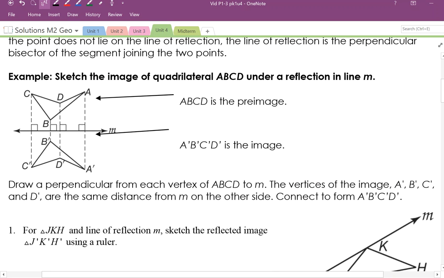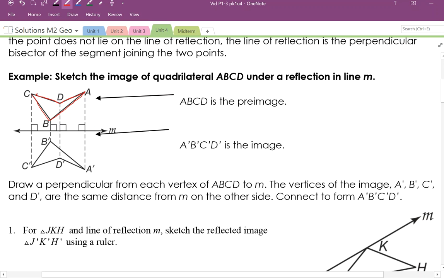So in this example, we're being asked to sketch the image of ABCD using a reflection in line M. So notice that here is the pre-image, that's the before, quadrilateral ABCD.